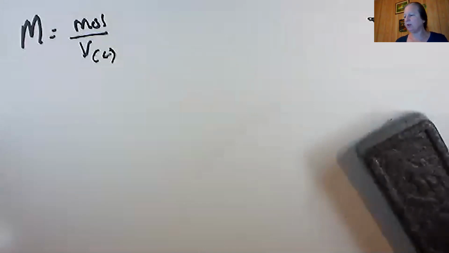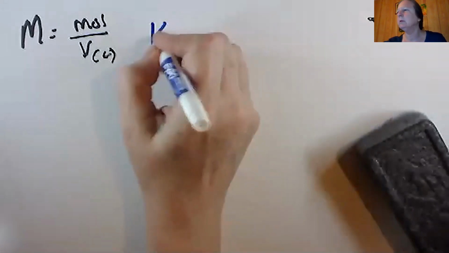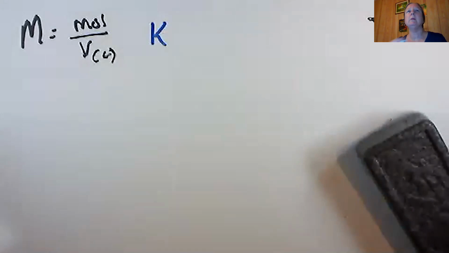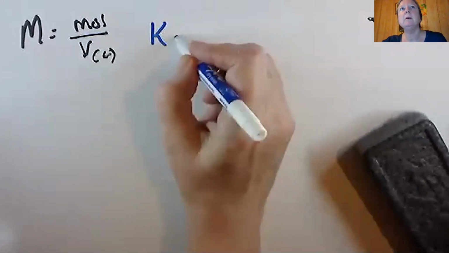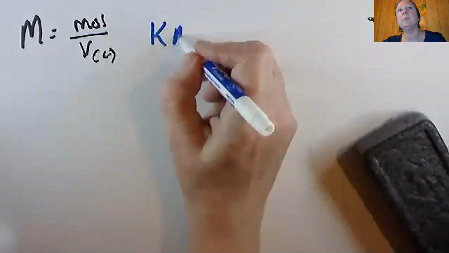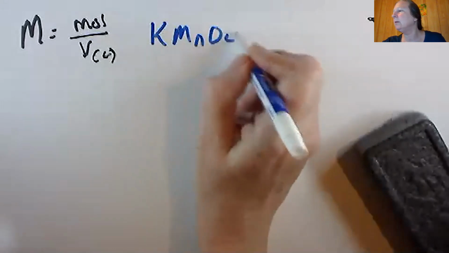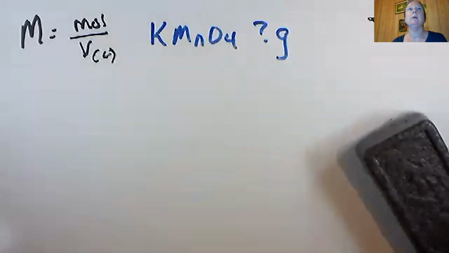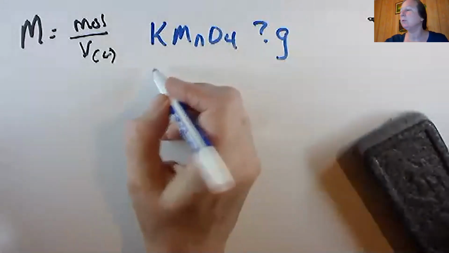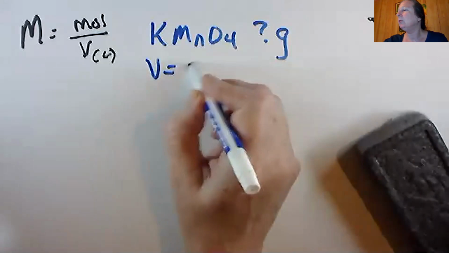And the question says, how many grams of potassium, I think this is permanganate, must you weigh out if you want to make 250 mils? So my volume is 250 mils.